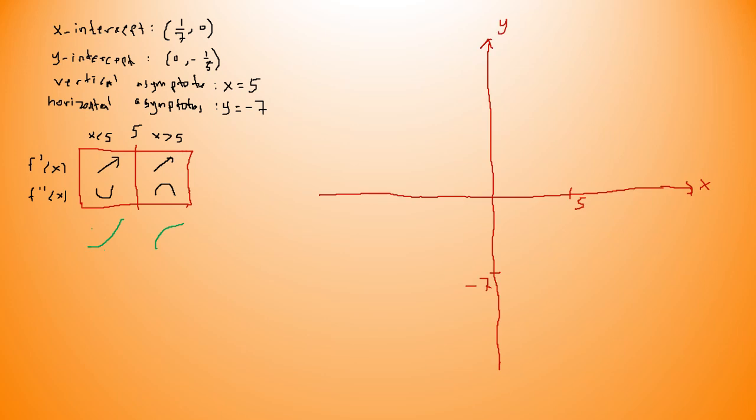Alright, now we will sketch the graph. First, we put the vertical asymptote x equal to 5. X equal to 5 is the vertical asymptote. A vertical asymptote must be a dotted line like this. Then draw the horizontal asymptote y equal to negative 7, also a dotted line.